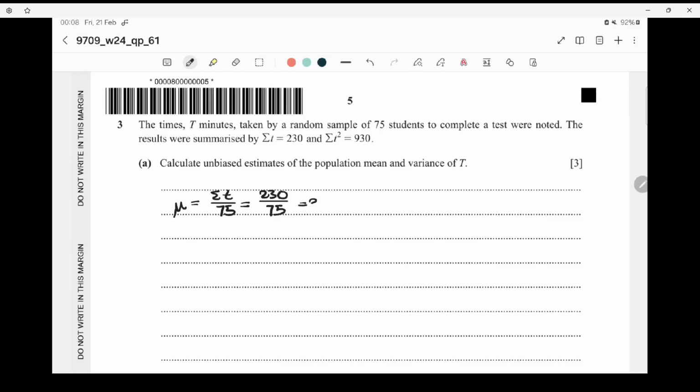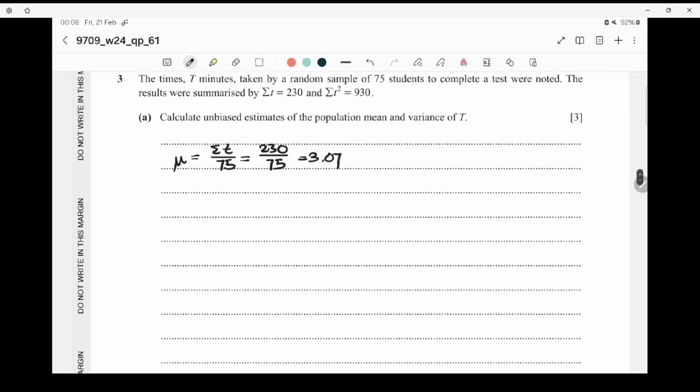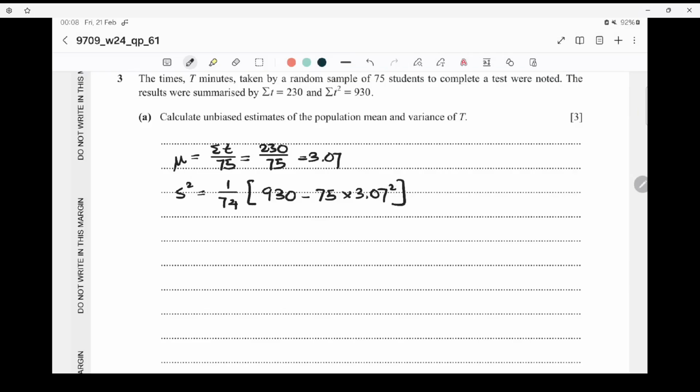This is 3.07. The unbiased estimate of variance will be 1 over 74 times 930 minus n, which is 75, times 3.07 squared. Calculate everything, you get 3.04.